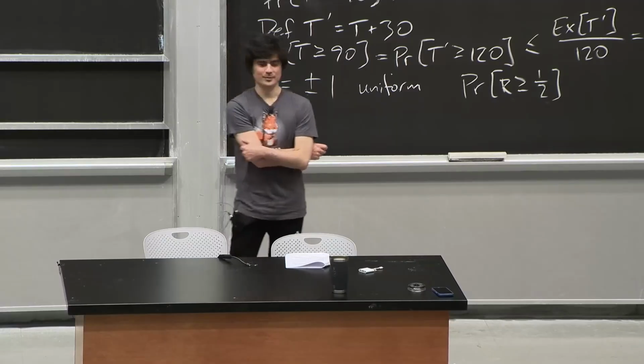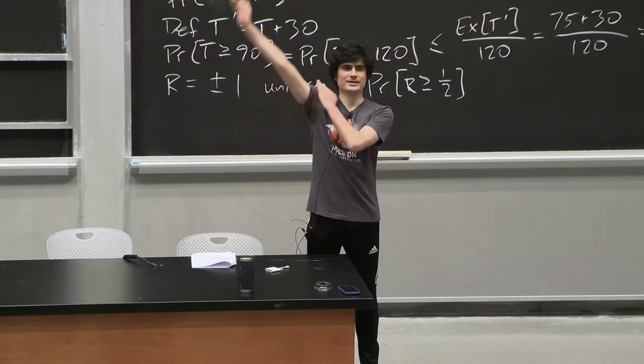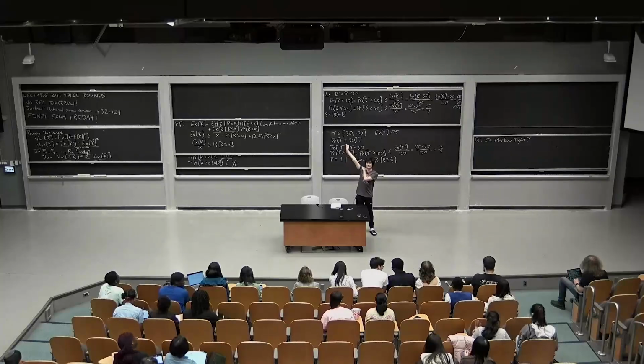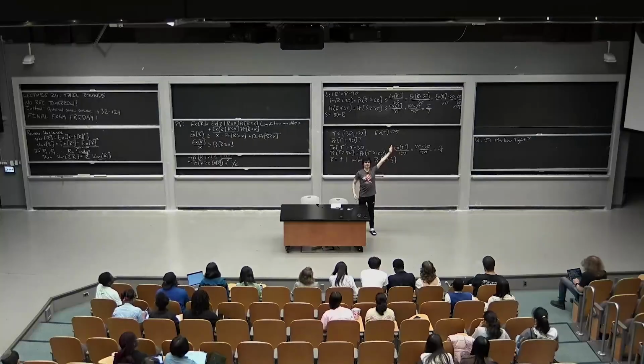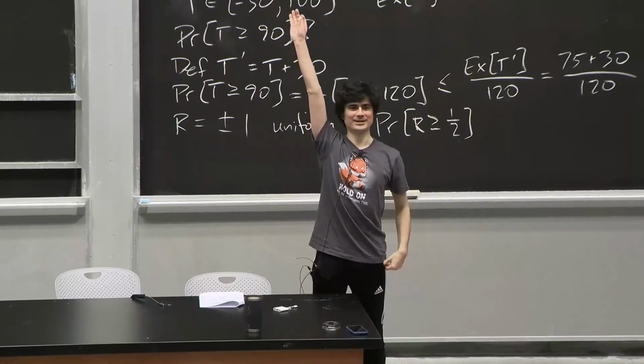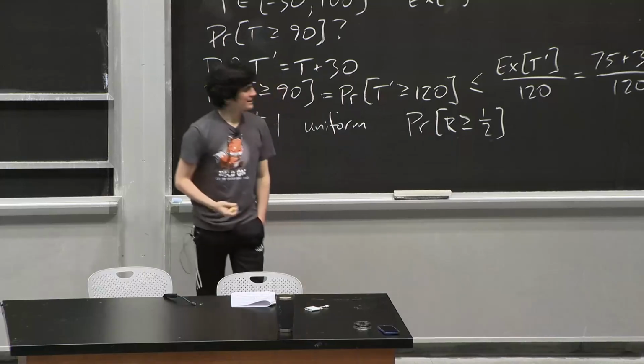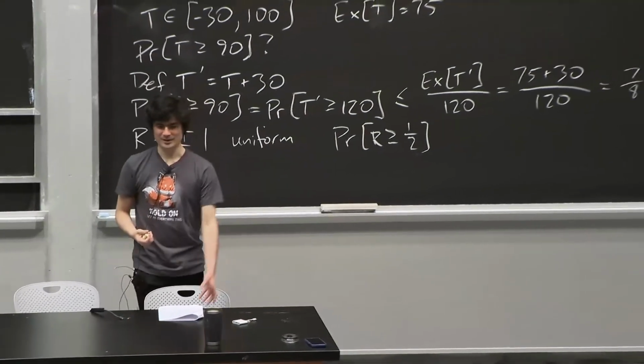Is there anything stronger that we can say? Who thinks yes? A couple of tentative hands? Who thinks no? A couple of less tentative hands? Who has no idea? Okay, well, let's think about some simple examples then.